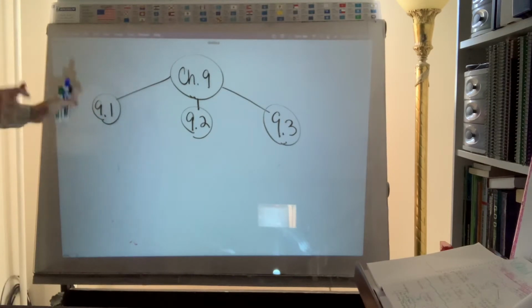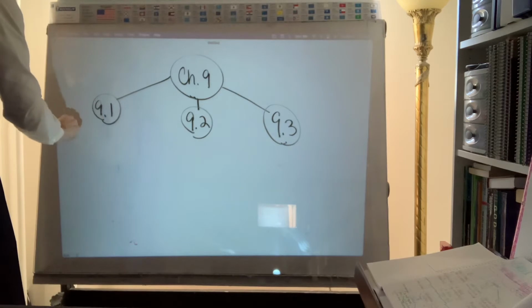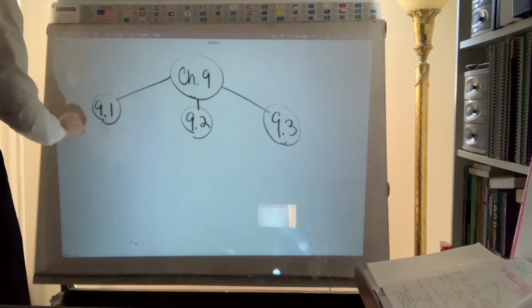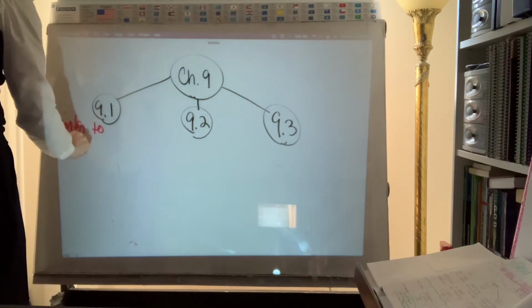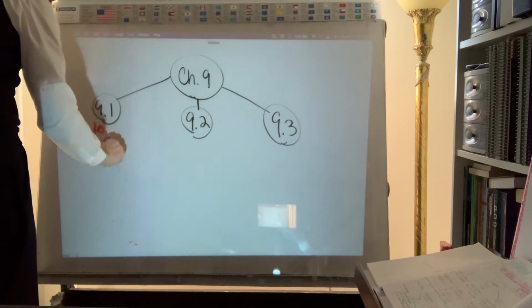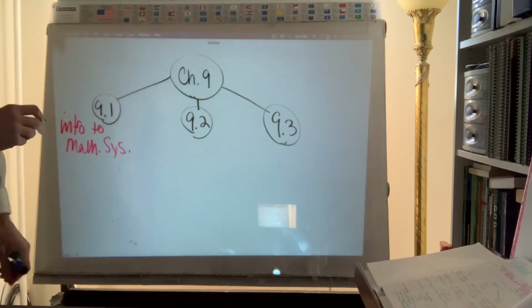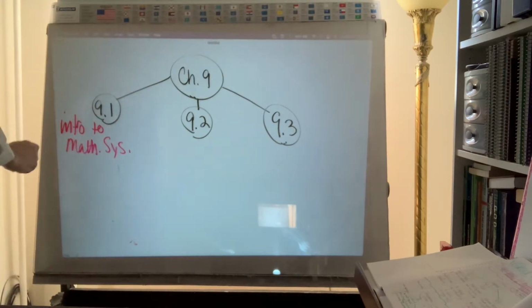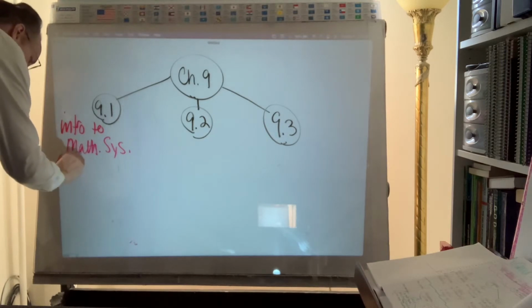9.1, where we are now, is an introduction to mathematical systems. And the type that we're concerned with are the type that are infinite.